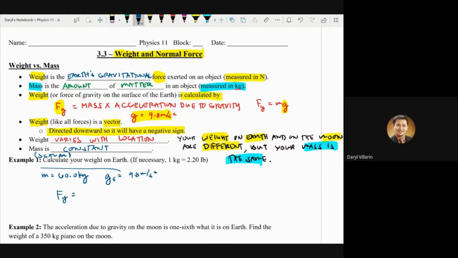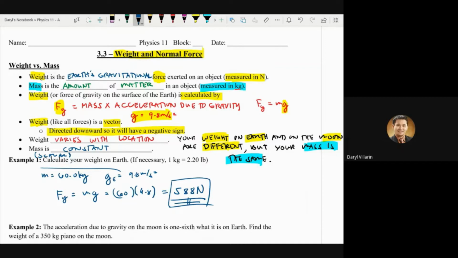So my Fg is just m times g, that's 60 multiplied by 9.8. So my weight is around 588 newtons.